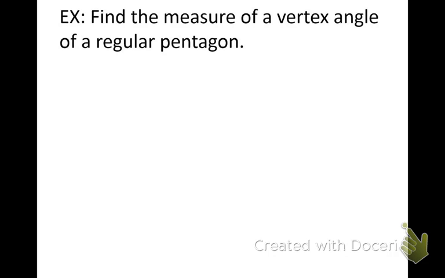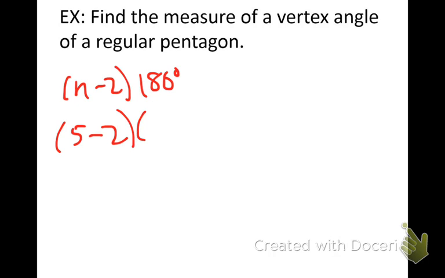So, okay, you have to find the total. We've got to do n minus 2 times 180. So we plug in the number of sides. It's 5 minus 2 times 180. So that's going to be 540. Right? What am I going to do to 540 to figure out one of the angles?